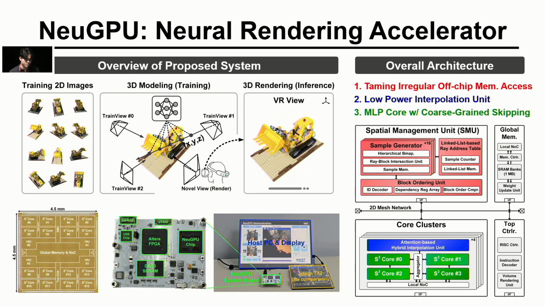We implemented the chip in Samsung 28nm technology, and we achieved 20 times faster modeling speed compared to the Jetson TX2. We also implemented a demonstration system integrating our chip package to show a real-world 3D modeling scenario. If you're interested in the detailed information, please visit our poster. Thank you.